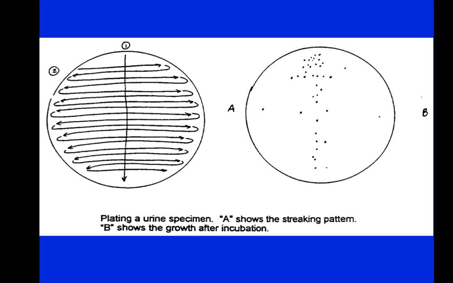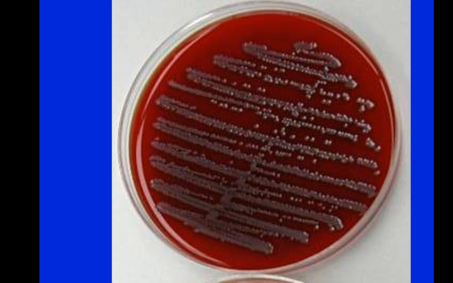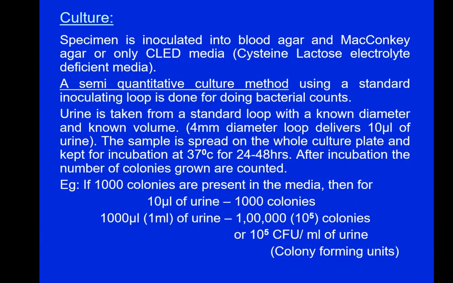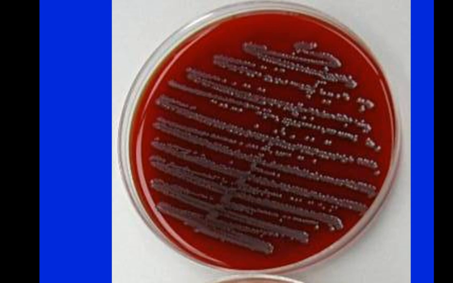Why do we do this? To get the growth like this, so we can give the CFU per ml, that is colony forming units per ml of urine. If approximately 1000 colonies are present, then since one loopful is approximately 10 microliters of urine, that is equal to 1000 colonies per 10 microliters, and when you do the counting you get the CFU per ml of urine.